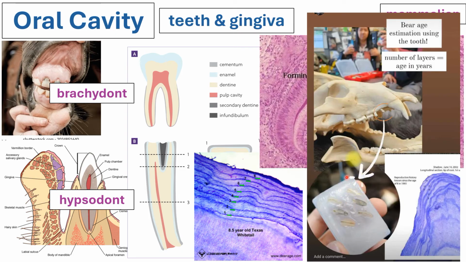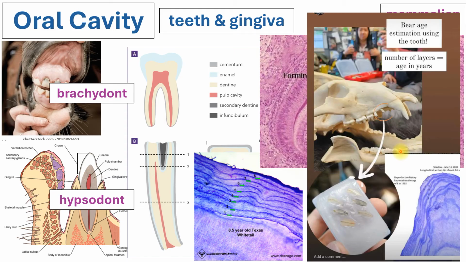So here, these are actually the bear teeth. They would remove these and then embed them and count the number of cementum layers in order to keep a record of the bears in the wild. In other countries, they want to keep track of the age or species of their wild animals.